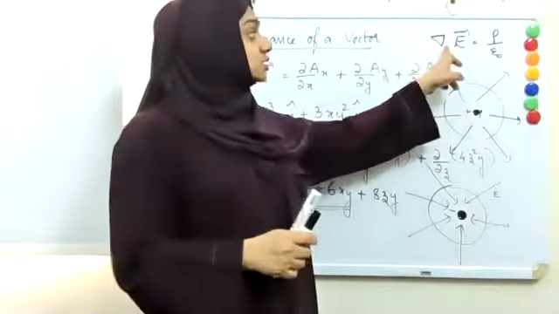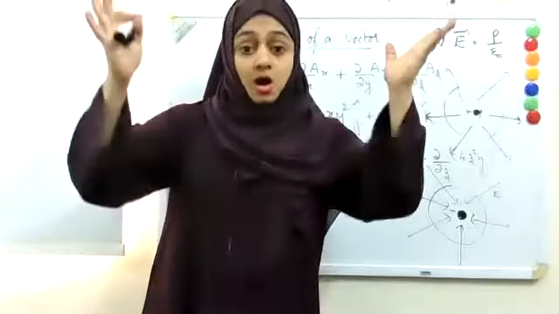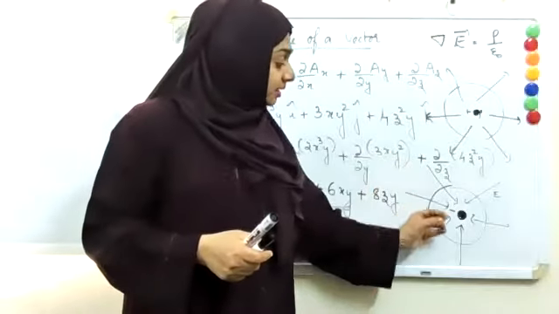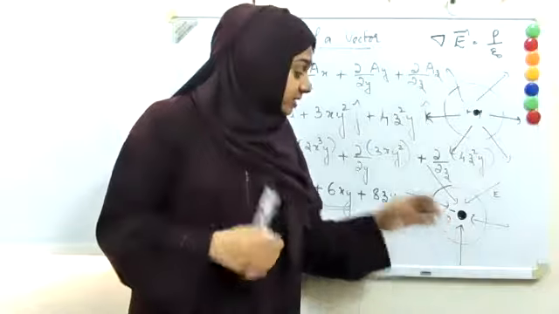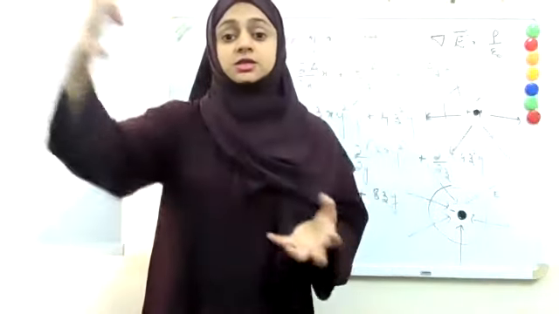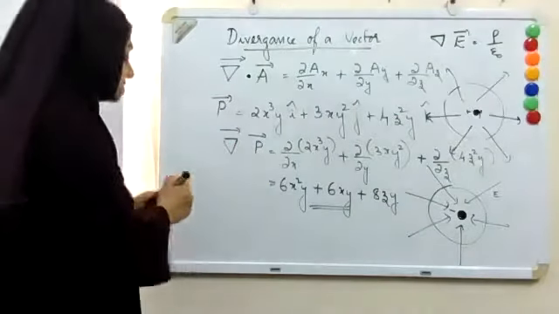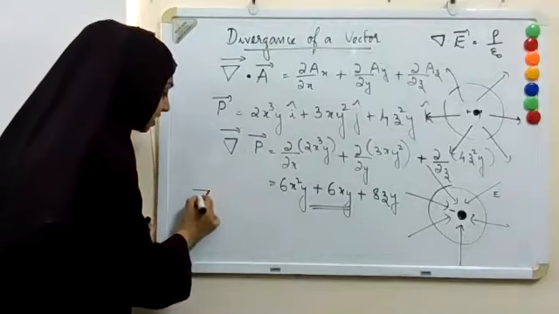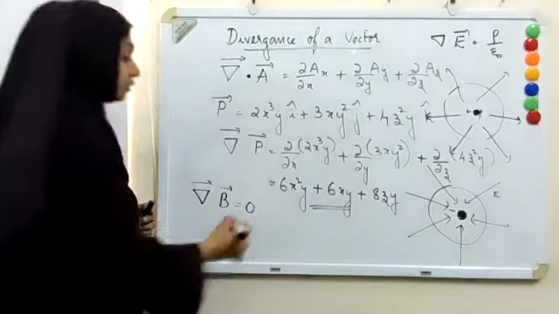The divergence is positive means something is diverging out. If the divergence is negative, all those things are flowing in. Now, I'll tell you that the divergence of magnetic field is equal to zero.